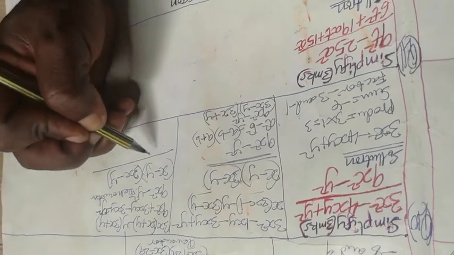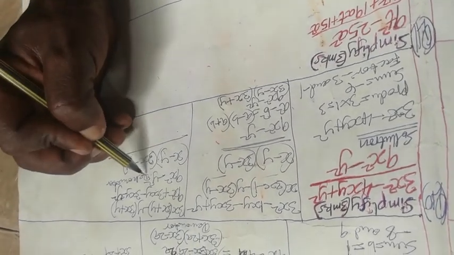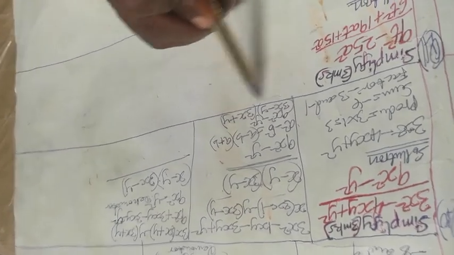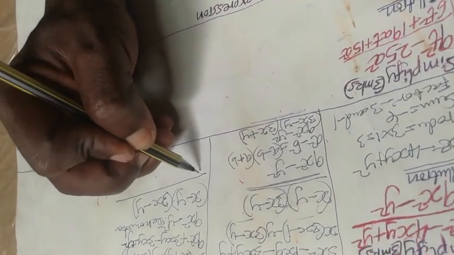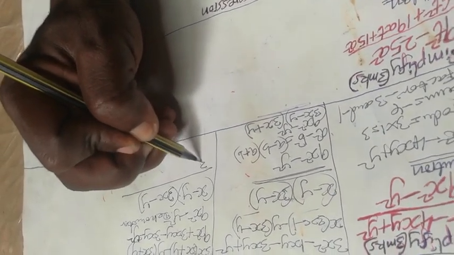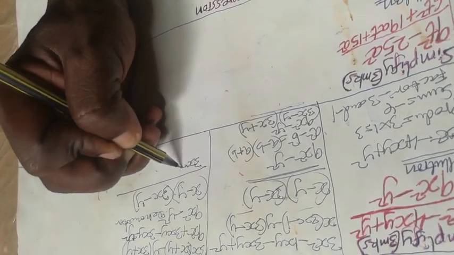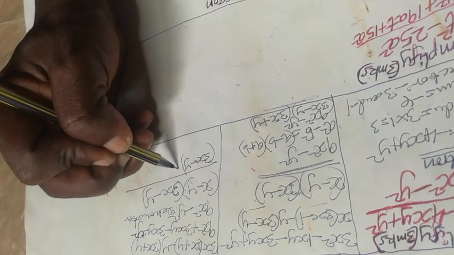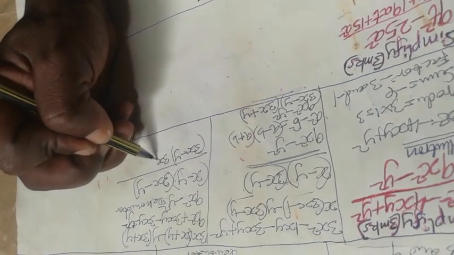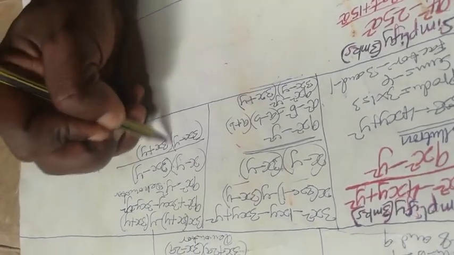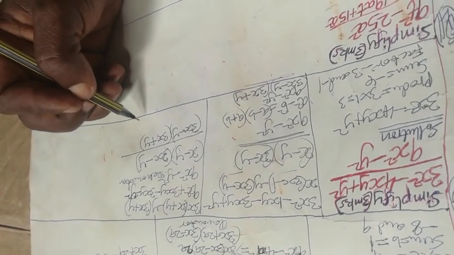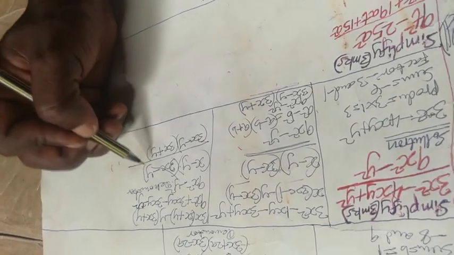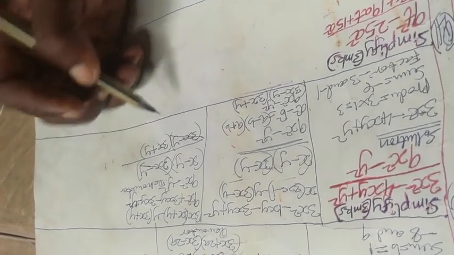This is our original denominator, but what we needed is this part. It will all be divided by 3x minus y into brackets 3x plus y. We are going to cancel the parts that are the same.